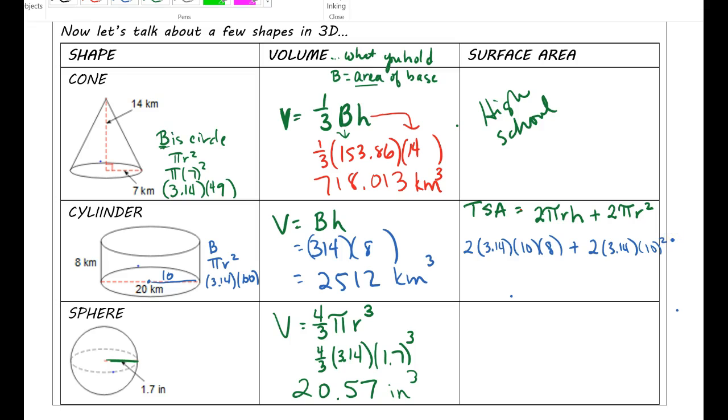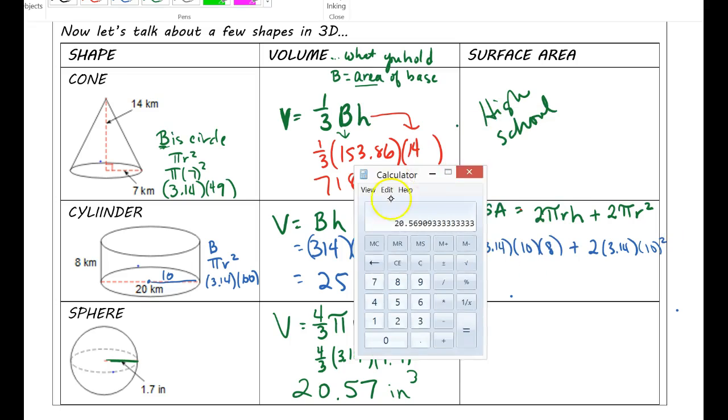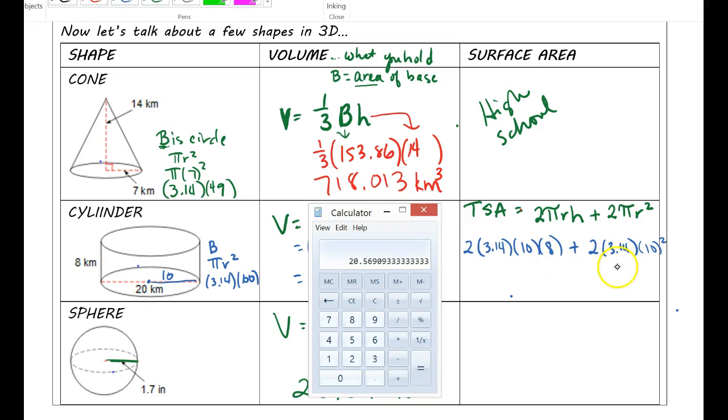So I recommend that with our calculator that you just do this in 2 separate pieces. So I'm going to do all of this together, and then I'll go do all of the other part together. So 2 times 3.14 times 10 times 8.